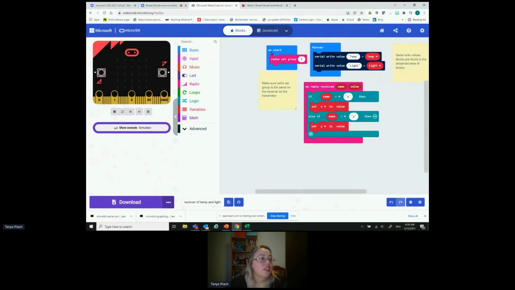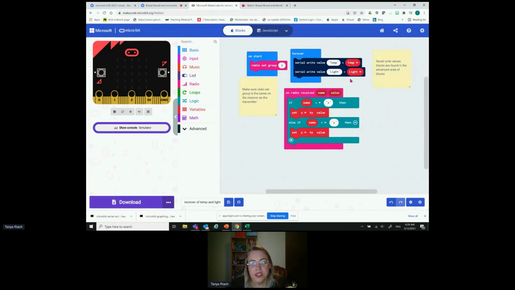You can go into the radio games to have a little play first, but setting that radio group up so that both groups of microbits, so you would need 2 microbits, have one set up as the receiver and one set up as the transmitter.